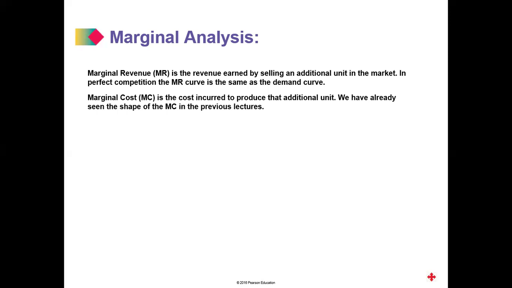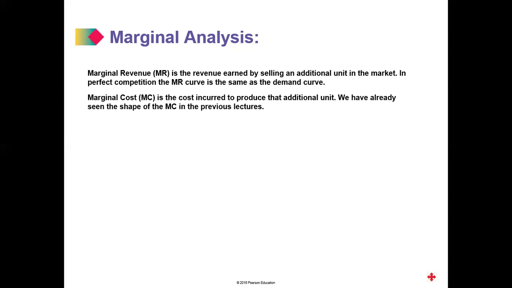Marginal cost is the extra cost that is incurred when you produce an additional unit, or alternatively, the change in total cost when you produce one more unit of a product. We have already seen the shape of the marginal cost in the previous lectures.